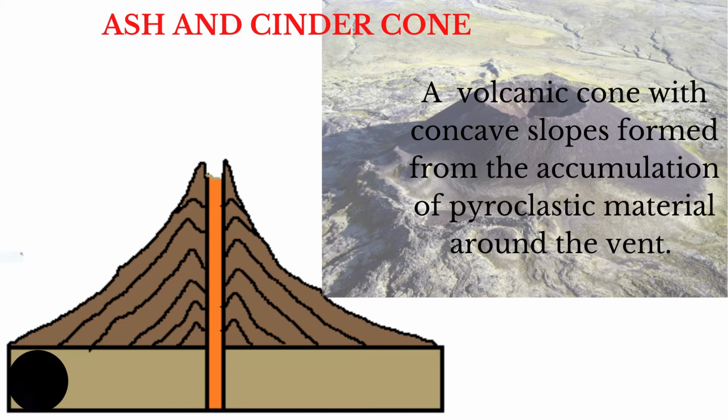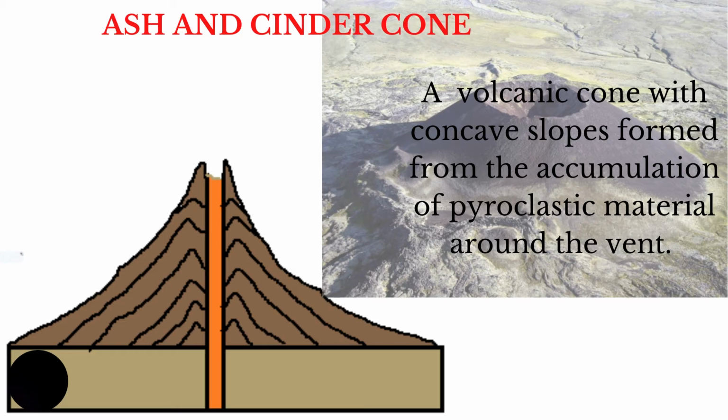Now we're on to ash and cinder cone. An ash and cinder cone is a volcanic cone with concave slopes formed from the accumulation of pyroclastic materials, including cinder and ash.